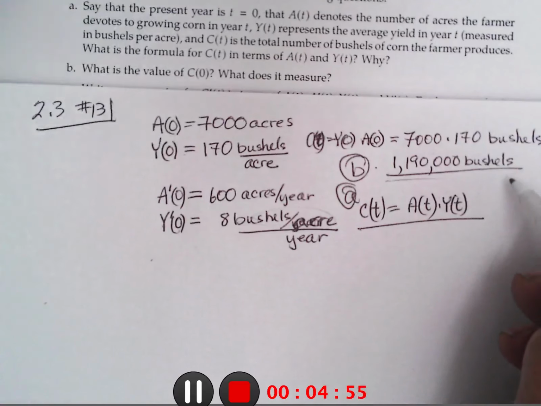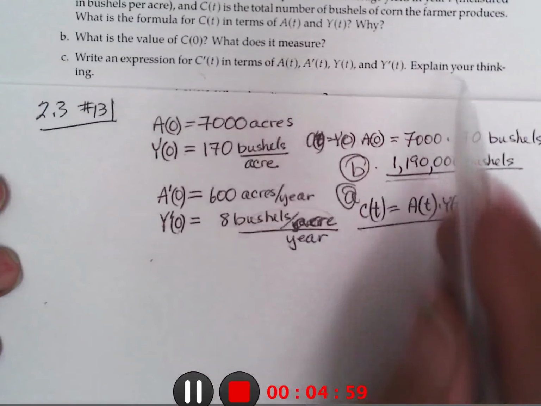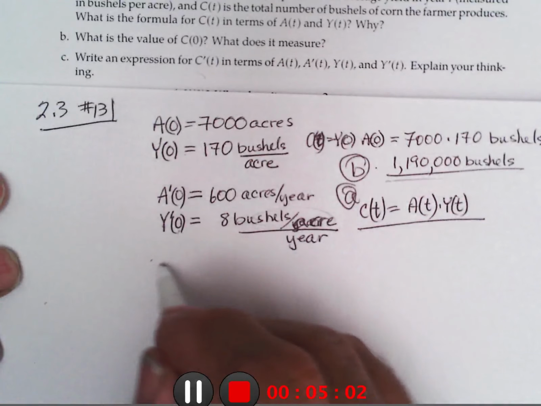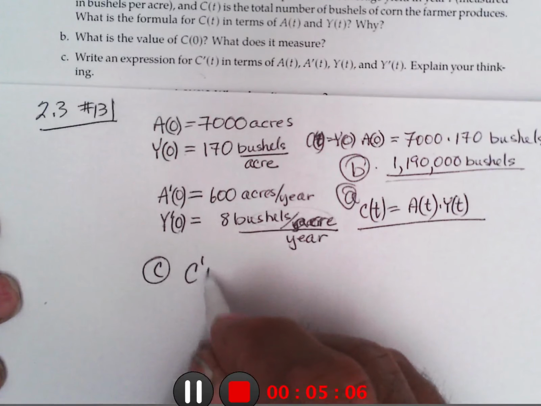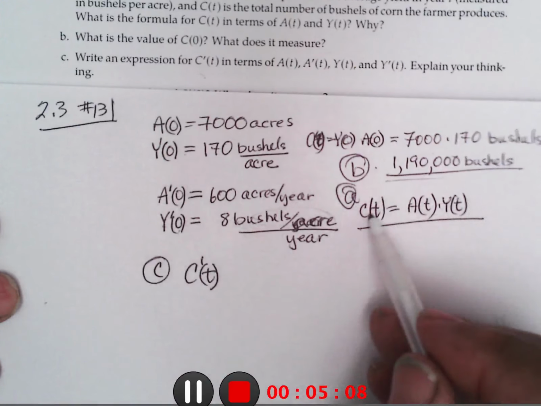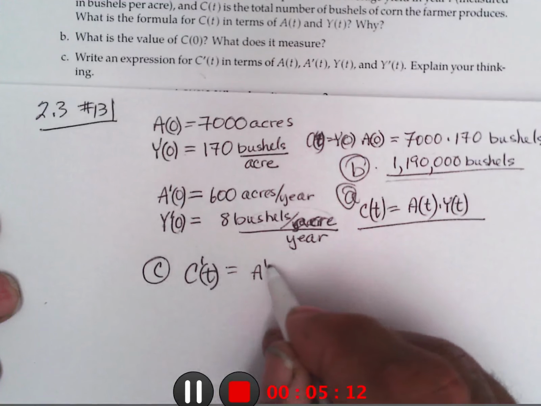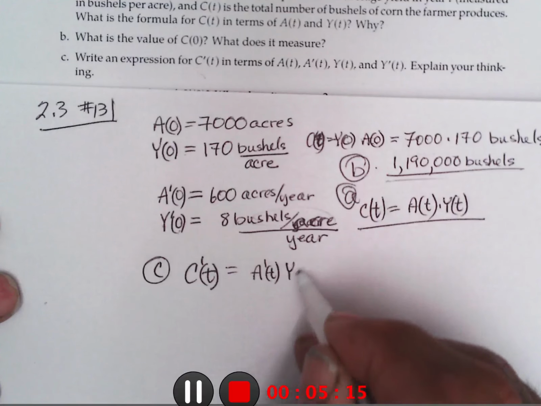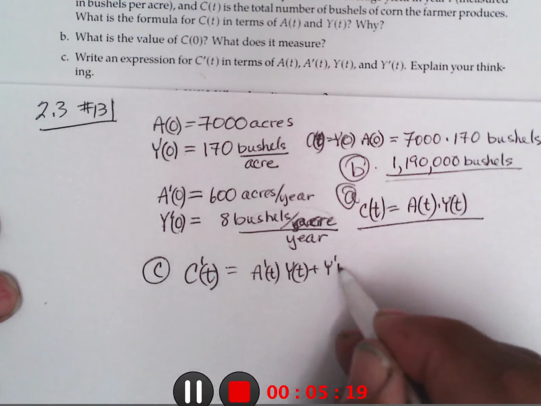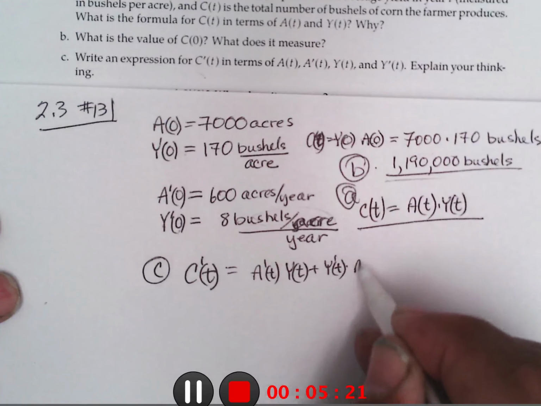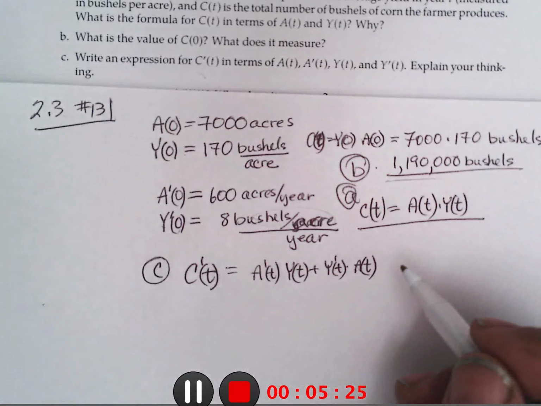Write an expression for C prime. So C prime of t, since C is this product, it's going to be A prime of t times Y of t plus Y prime of t times A of t. Okay?